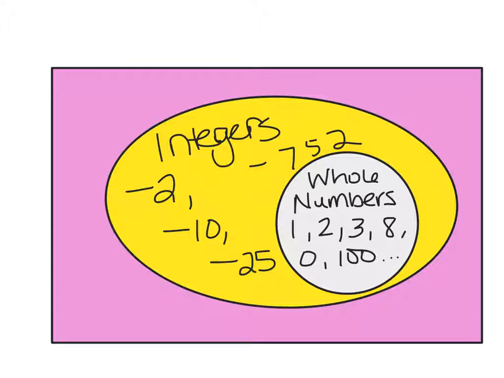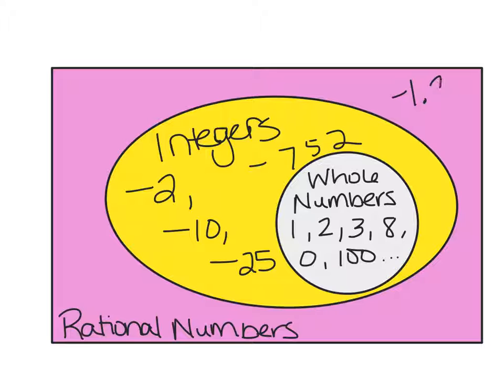Okay, then we're going to talk about our last set, which is rational numbers. We've been talking about those already. These are the new ones. Okay, so those are our fractions and our decimals. We have like negative 1.2 repeating, because that's a repeating decimal.